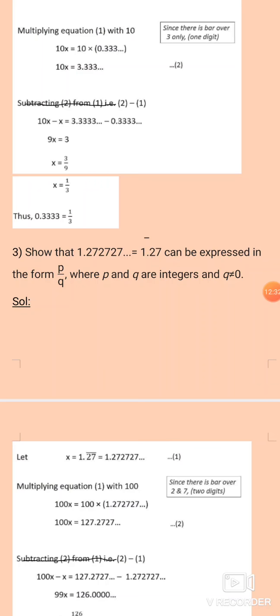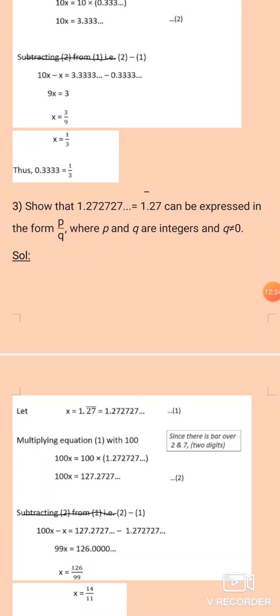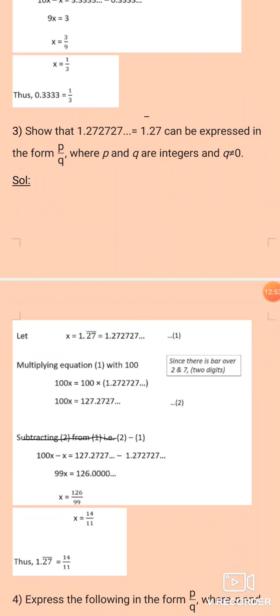Now next, 2 minus 1. 100x minus 1x is equal to 127.2727 etc. minus 1.2727 etc. So when you subtract, 99x is equal to 126.000 etc. x is equal to 126 by 99, which is equal to 14 by 11.